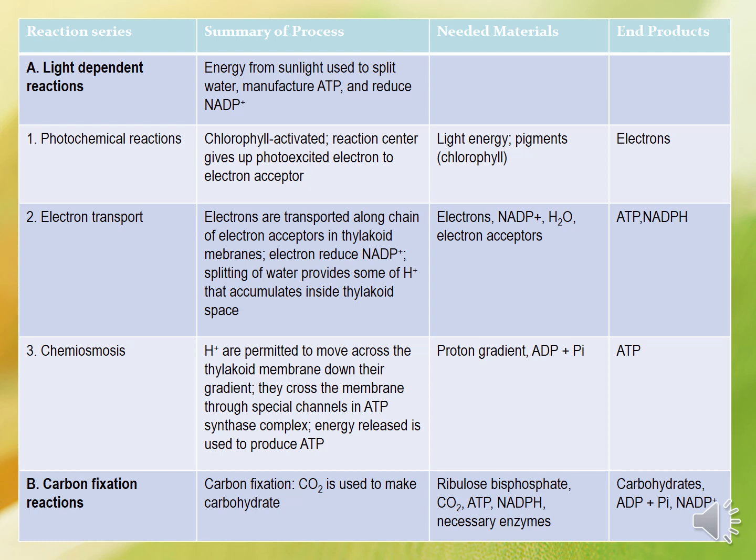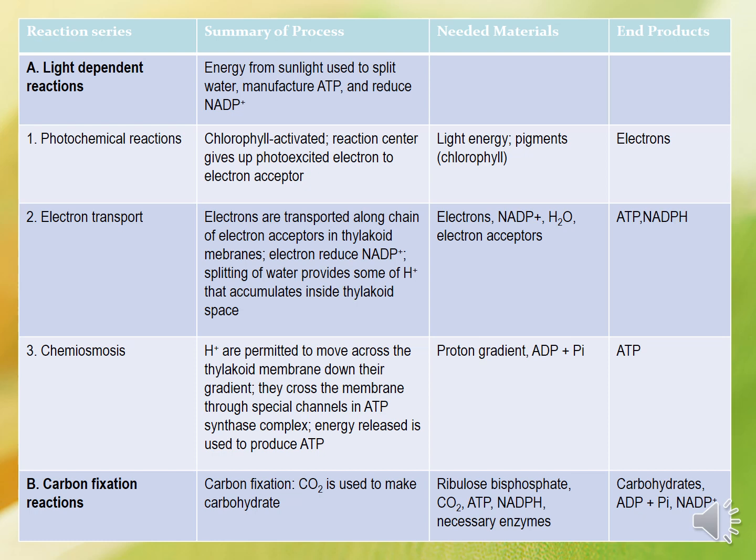So the needed materials for carbon fixation are the first compound, which is RuBP, or ribulose bisphosphate. They require CO2, ATP, and NADPH from the light reaction, and all the enzymes involved in the Calvin cycle. What end product do they produce? They produce a carbohydrate, which is the sugar, or in the general reaction of photosynthesis, glucose.